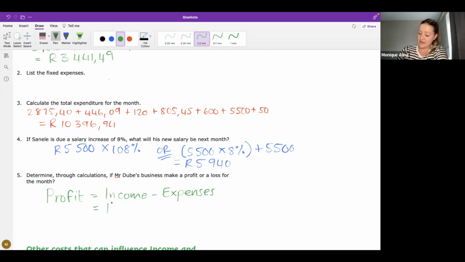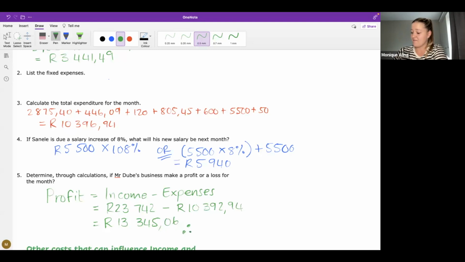And your total income is 23,742 minus 10,392.94, which gives you a positive amount of 13,345.06. Okay, that's just the calculation. Because I ended up with a positive amount and not a negative amount, we can say, therefore, Mr. Dube made a profit.